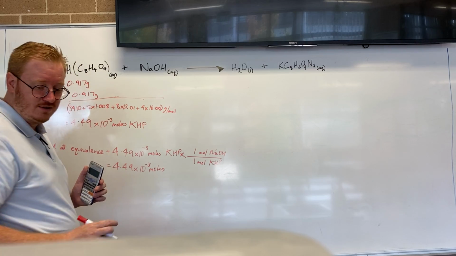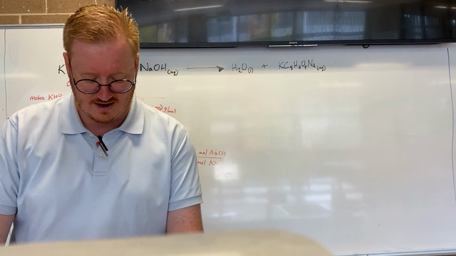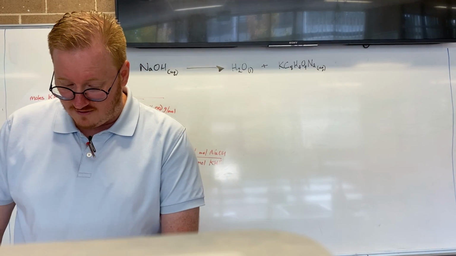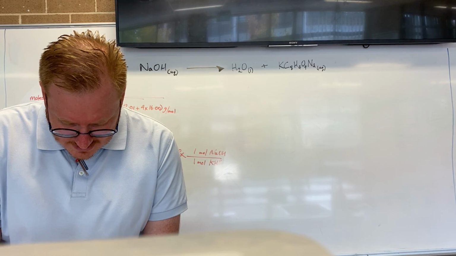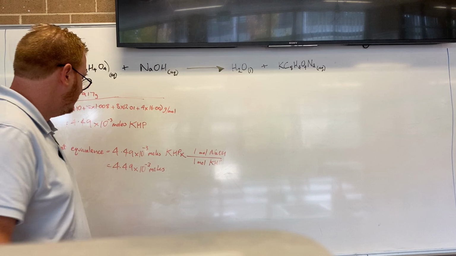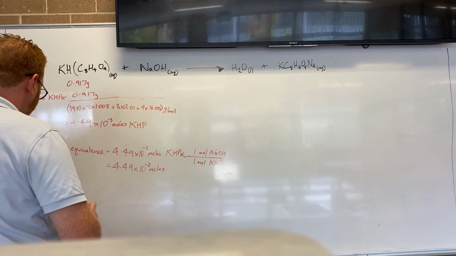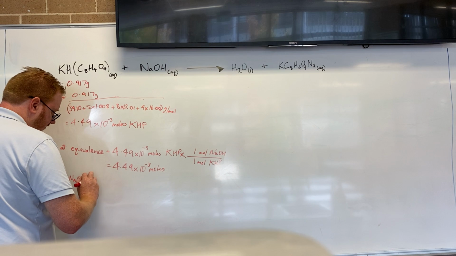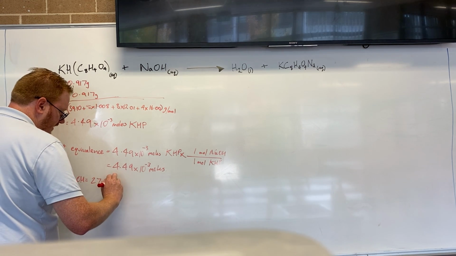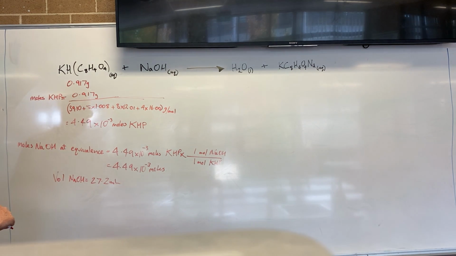Okay, now in the question, it tells us the volume of the sodium hydroxide, and it tells us that that is in 27.2 milliliters. Okay, so the volume sodium hydroxide equals 27.2 milliliters. Why am I working all in red? Doesn't matter.